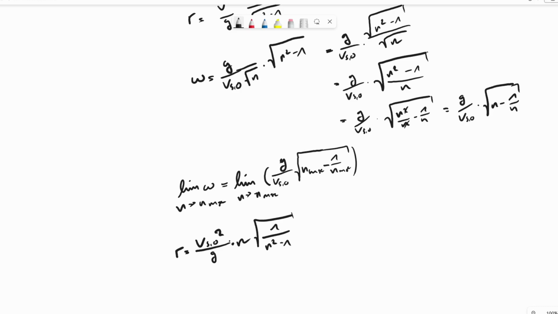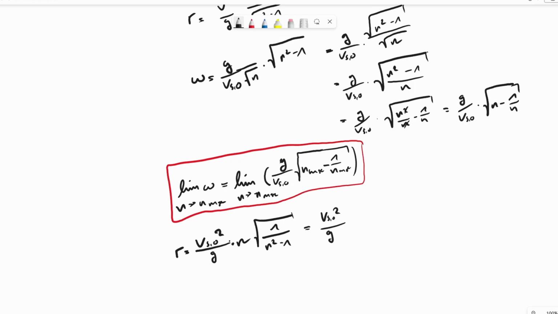Okay, again we do the same thing, so R is hence v s0 squared divided by g times. Now, in order to bring it in here, we need to square n. So when we take it out again, we would end up with only n squared minus 1.